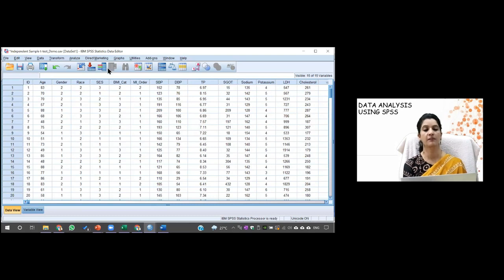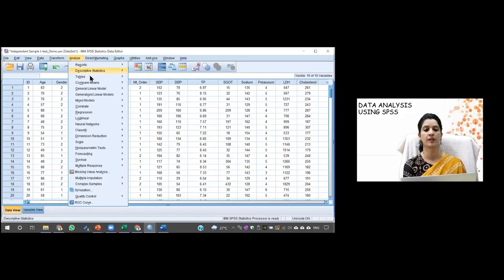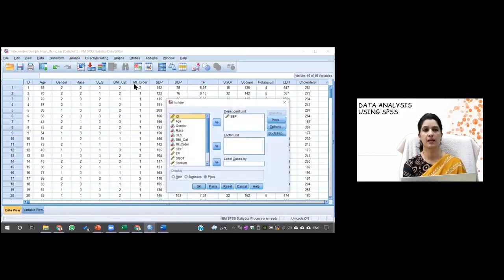So in the data, if I want to check for the normality, I'll go to analyze, descriptive, explore. Remember, analyze, descriptive, explore. In the dependent list, you have to move the SBP because there is only one variable which we have to test. Initially when you click this, you will see both checked by default.